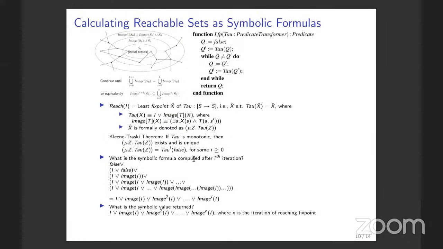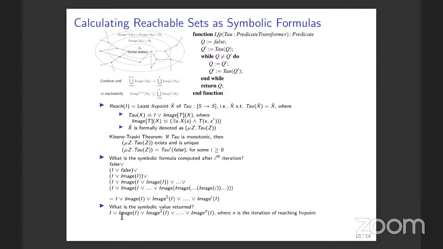The code that is shown here actually implements what is called the Kleene iteration. It is a way of computing, starting from false, the limit of this infinite ascending chain.